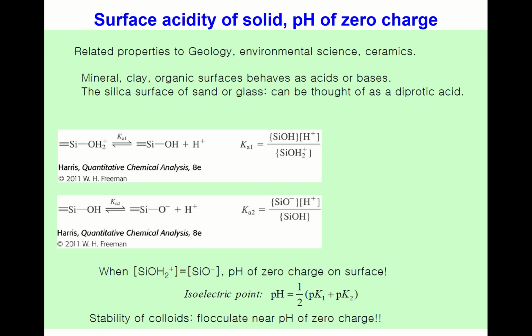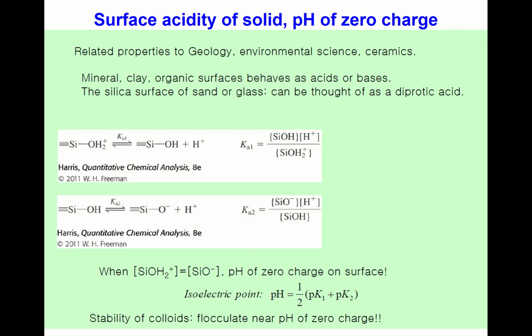The particles are not completely dissolved in solution. They are simply dispersed in a dispersed medium. But colloid particles are quite stable. You see, milk is also a colloid.